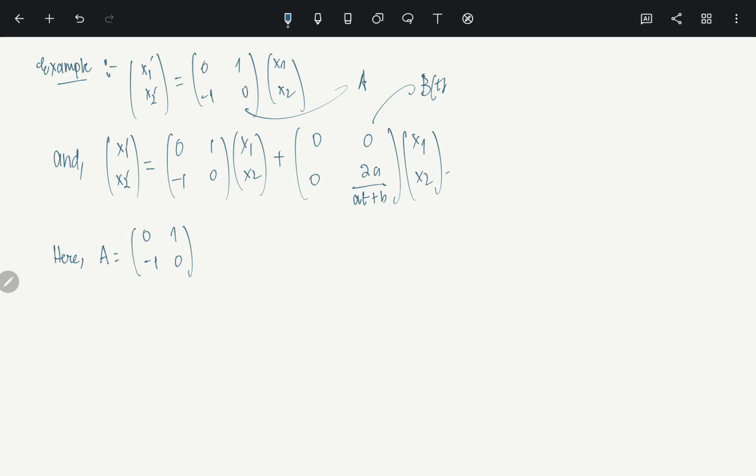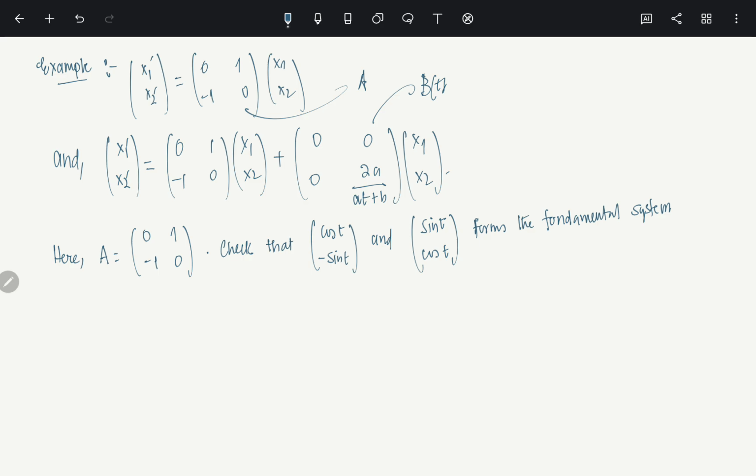So you have to check that cosine t, minus sine t and sine t, cosine t forms the fundamental system of solution.